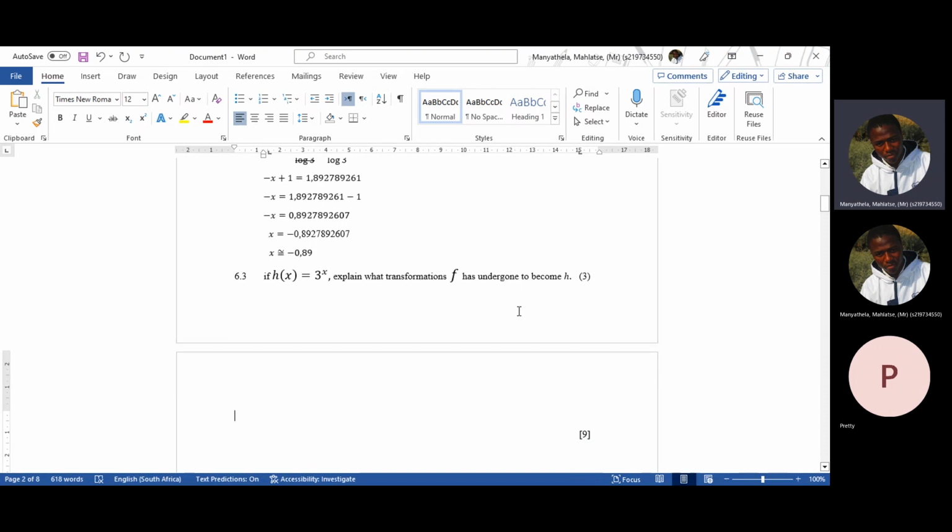So the transformation that happened here: h was shifted by 3 units up and 1 unit to the left, and also reflected along the y-axis. That is the transformation that h took.